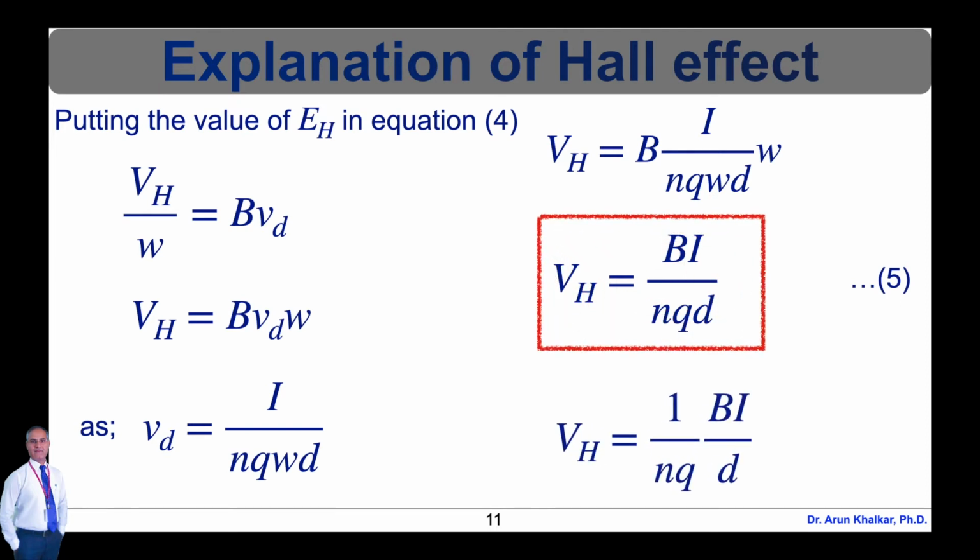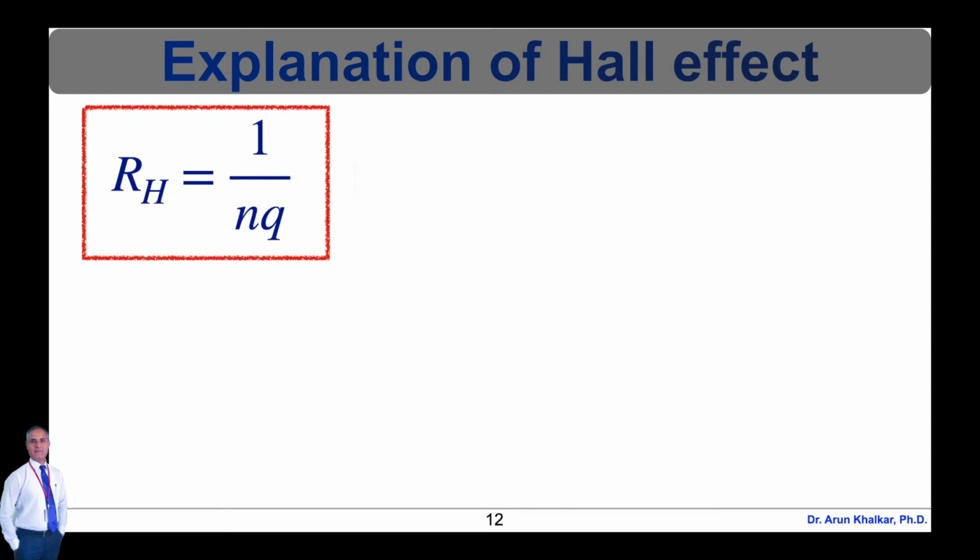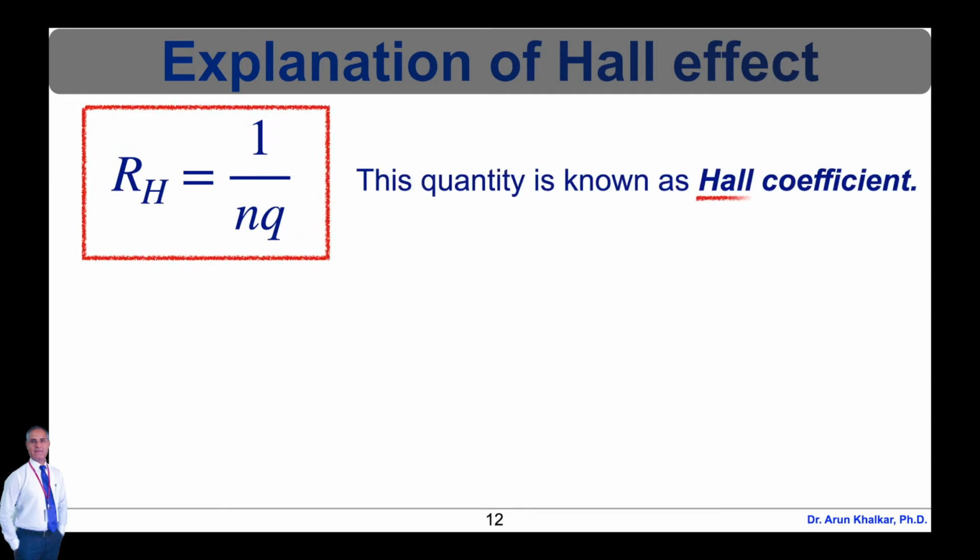Therefore, rearranging this equation, we can write VH is equal to 1 upon NQ into BI upon D. So simply rearranging all these parameters, we have this equation number 6. Therefore, the quantity in this equation, RH is equal to 1 upon NQ. This quantity is known as a Hall coefficient.